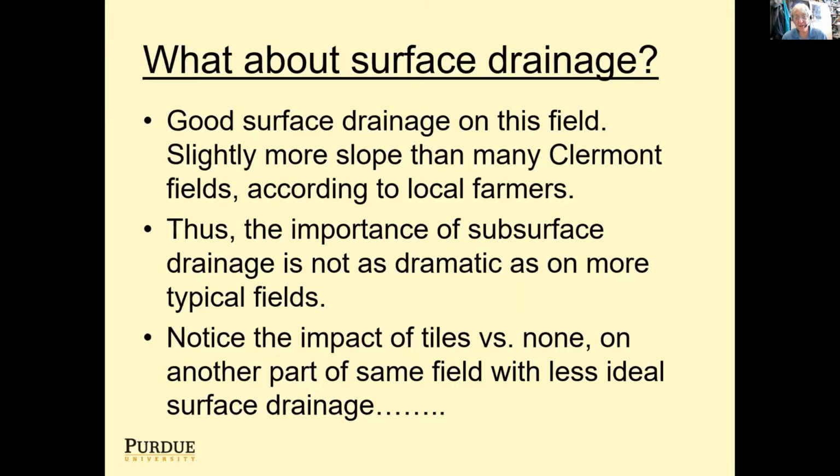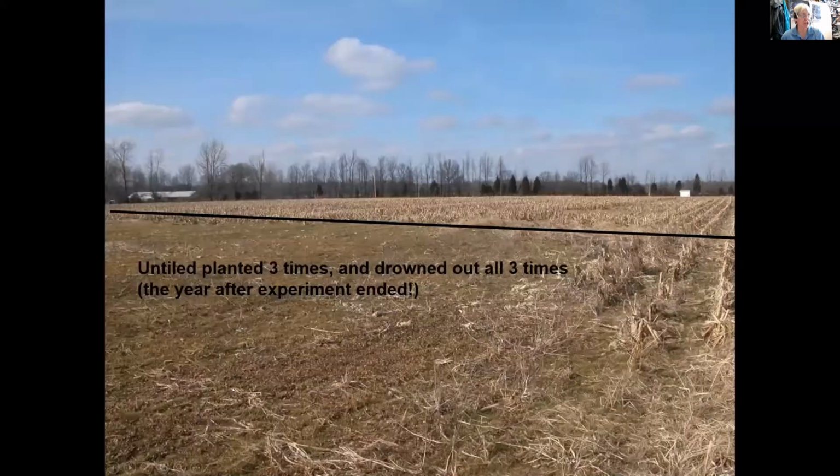So you would expect that if we have good surface drainage, if we don't happen to have ponding and areas where water accumulates, that maybe the impacts of subsurface drainage would not be as dramatic as on more typical farmer fields. So I want to show you the impact of tiles versus the extreme of no tiles on another part of that same field that did not have as good surface drainage.